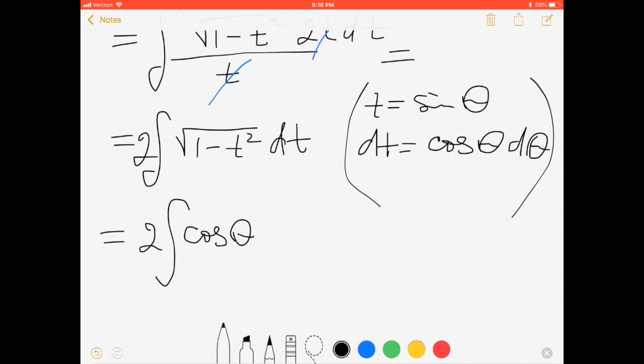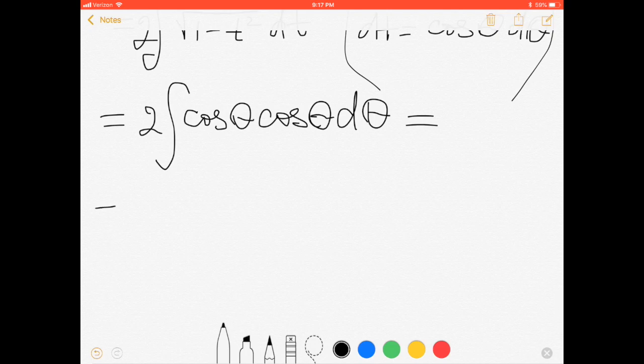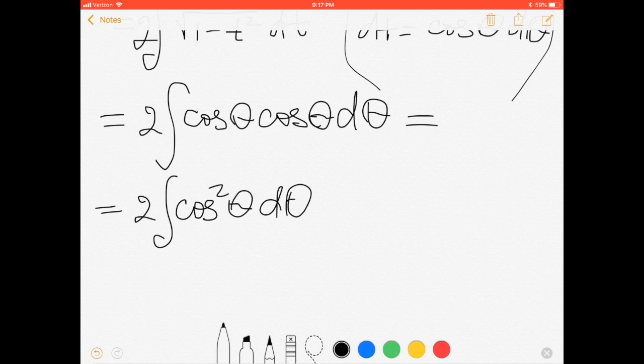Remember, when I'm looking at all three possible situations, I write what happens when I take the root. Okay, and here we have cosine d theta. This means we have twice the integral of cosine squared theta d theta. This is a trigonometric integral with an even power of the trigonometric function.